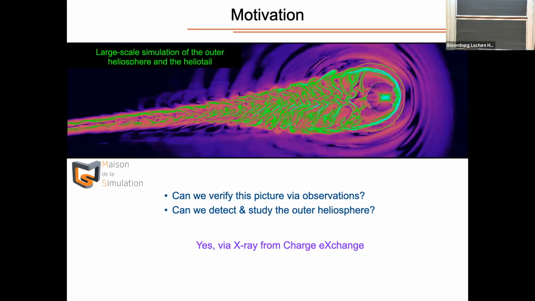Maybe not. We don't know. We don't know anything about those Kelvin-Helmholtz vortices, whether they're there or maybe they're suppressed. Maybe the magnetic field, the way we know about it, is not the real thing. So we actually would like to know whether this picture is right.